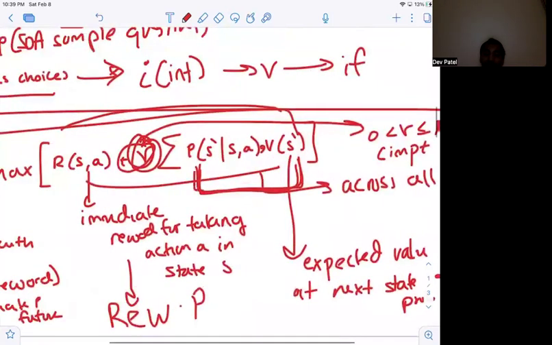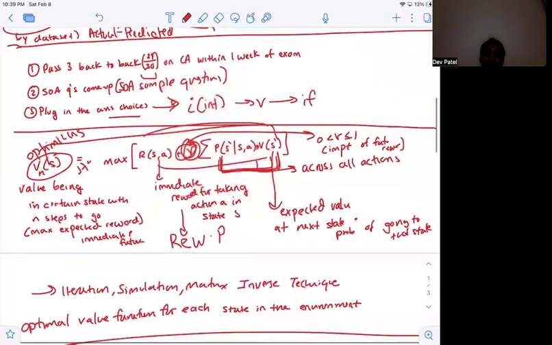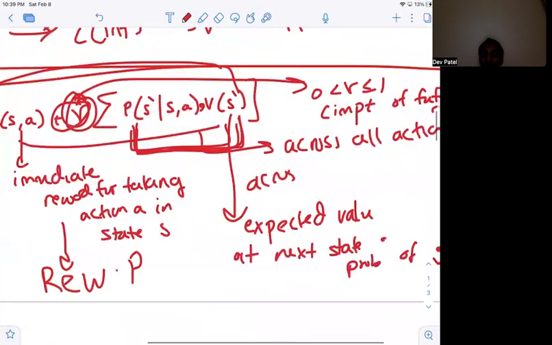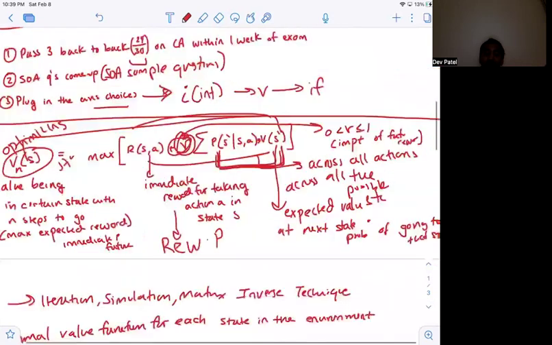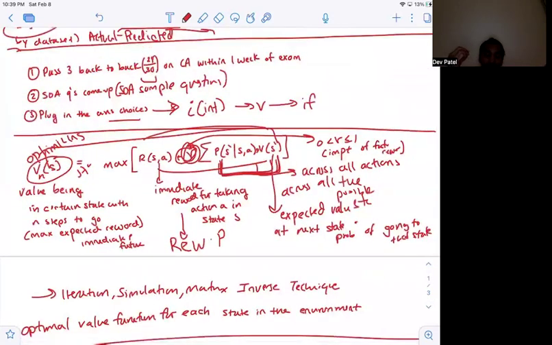And the sum of this across all of the possible states that you have is your discounted future reward at that current state, given that you take a certain action. And then you do this for all of the different actions that you can take.